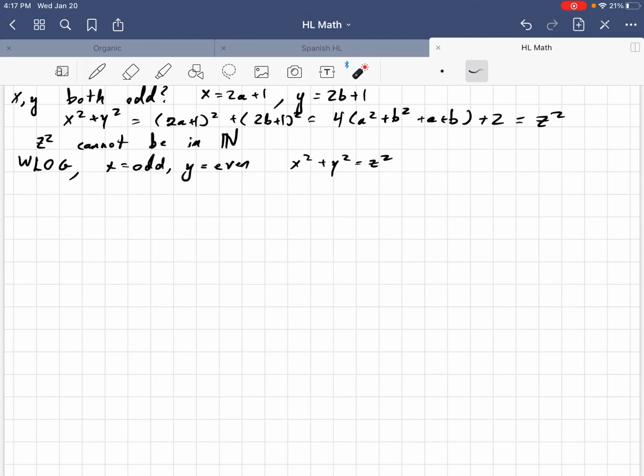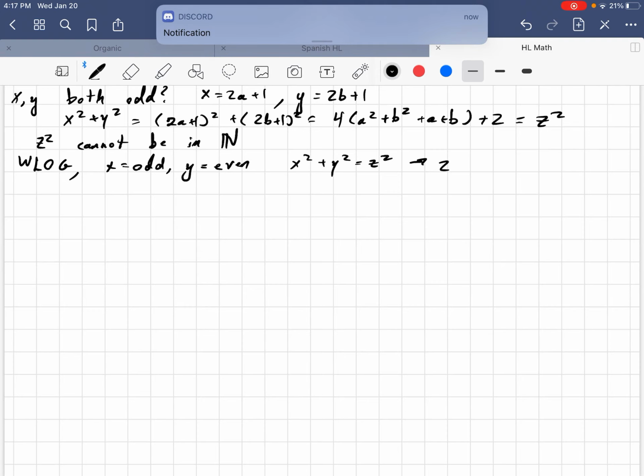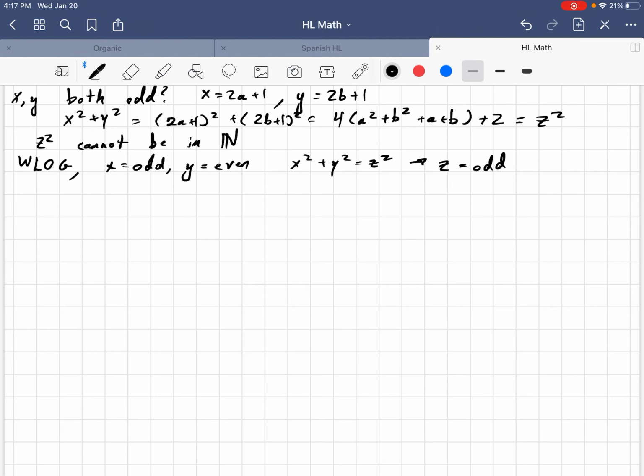So an even times an even is still an even, right? And an odd times an odd is still an odd. So we have an even plus an odd, which gives us an odd. And so the square root of an odd will still be an odd. And so that means basically what I'm getting to is that Z also has to be odd.